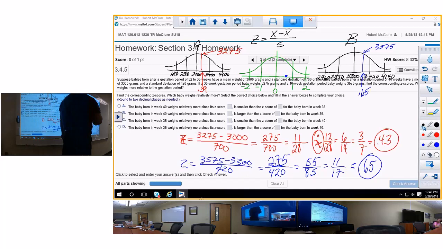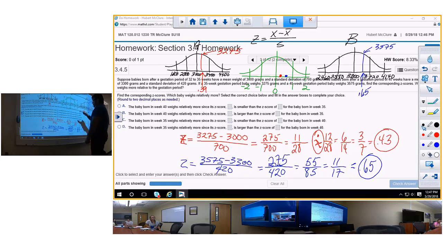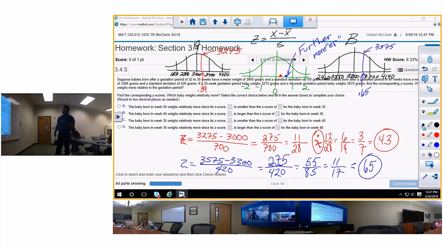The red mark is 0.39. 0.39 is down here. So which one's further out? The blue score is further out, Hubert. Thank you, class. It's further, so that means it's more. Okay? Now, I don't know what the question's asking, but that's what I am getting from this question.